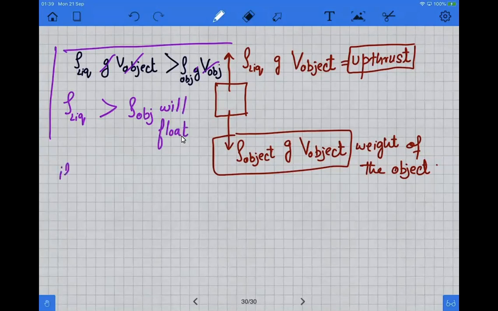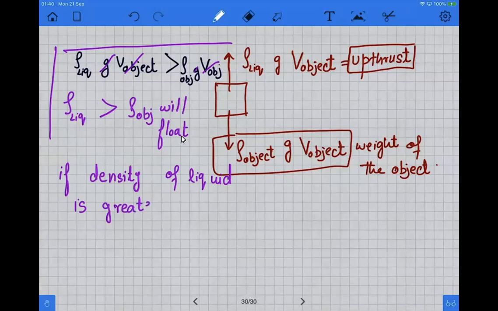So it's all about density after all. Density of liquid is responsible for more upthrust.